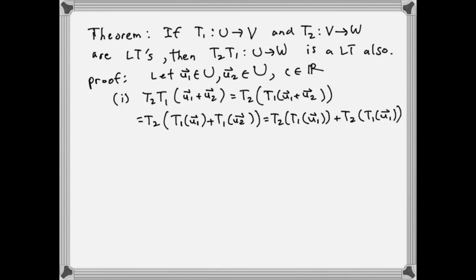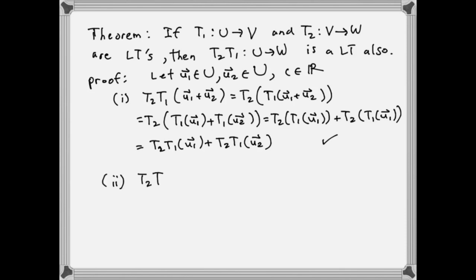But finally, the very last step is to recognize that these are just the composition maps. So what did we just show? We just showed that T2, T1 satisfies the first axiom of being a linear transformation. Okay? Let's prove the second axiom really quick.